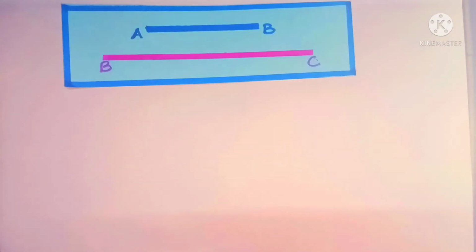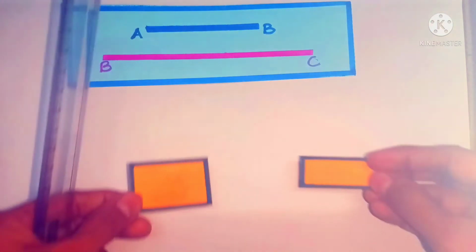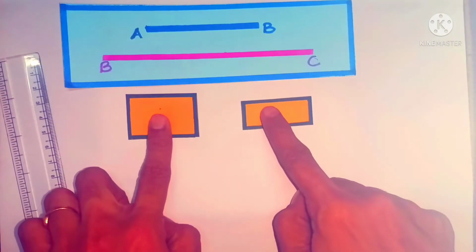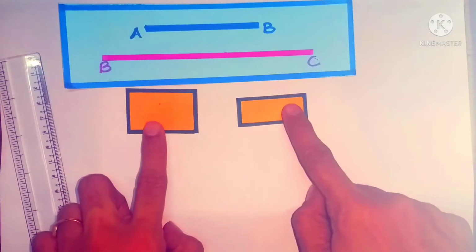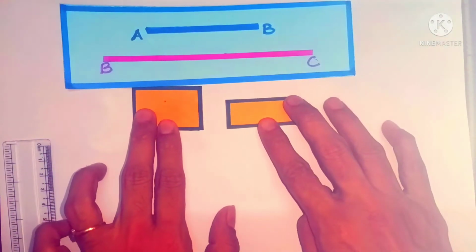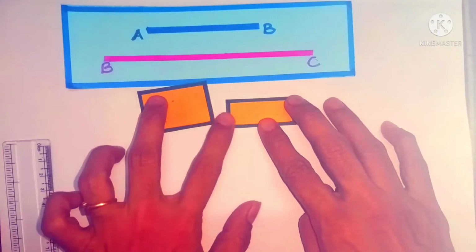Let me show it to you. Here we have two rectangles. These two rectangles are also similar. They are not equal, they are not congruent, but they are similar.